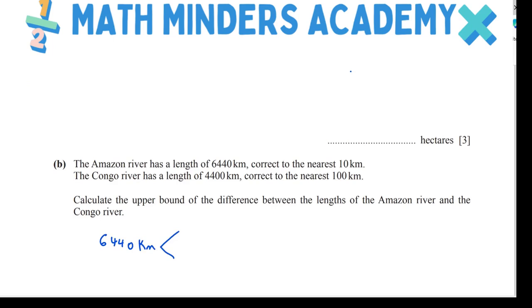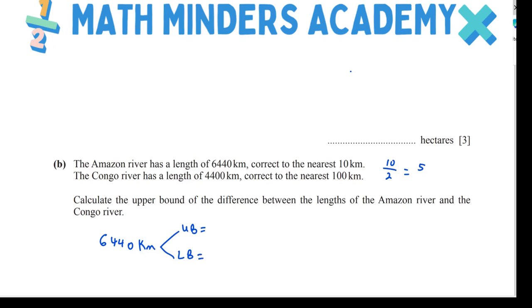We are going to break it into upper bound and lower bound. Since the length is rounded to the nearest 10 kilometers, we are going to divide this 10 kilometers by 2, and that is going to give us 5 kilometers. We are dividing by 2 because we are going to share this between the upper bound and the lower bound.